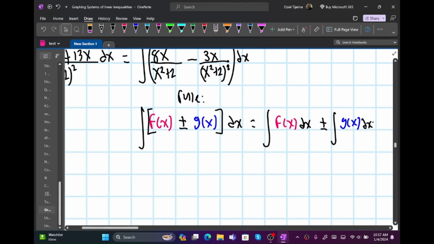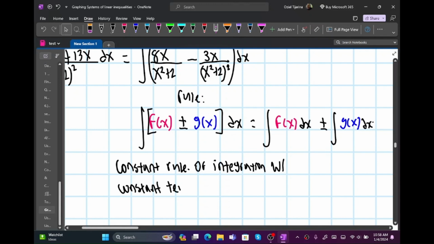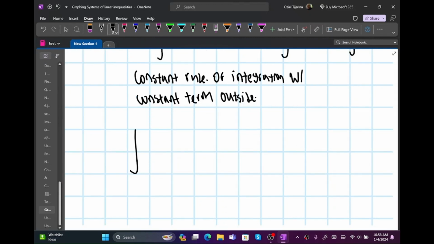Another thing is I want to state the constant rule of integration, with the constant term outside. Sorry for my handwriting, guys. Let's say we have the integral of c times some function f of x dx.